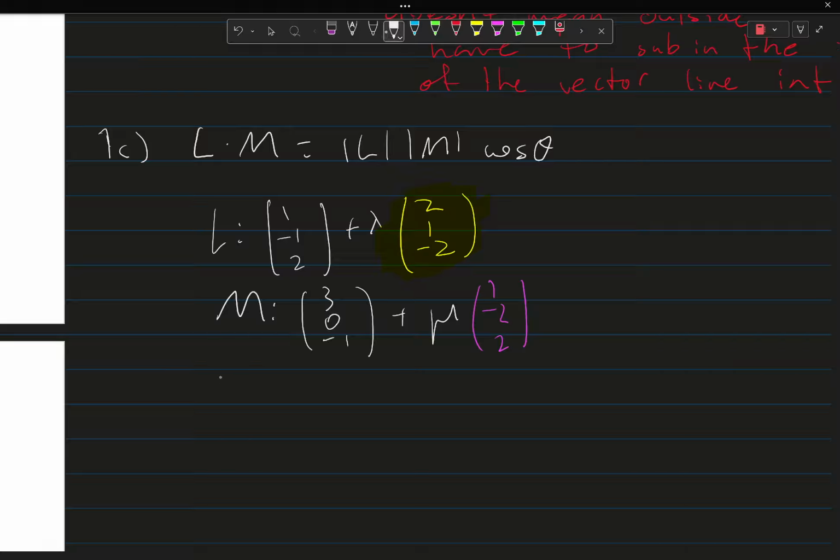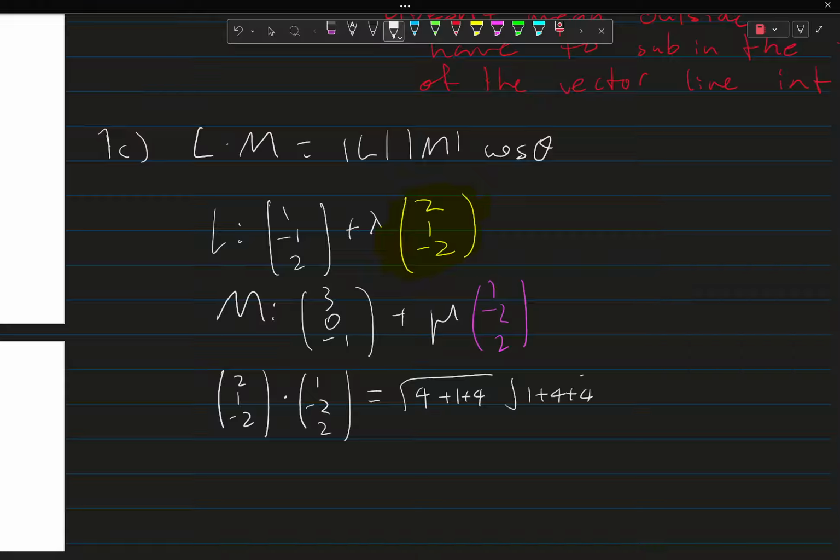So we will have 2, 1, -2 dot 1, -2, 2 is equal to the magnitude. So we have 4 plus 1 plus 4 times 1 plus 4, and these are the same. Okay, so with our dot product, remember we just multiply each of the corresponding components and then just add them together.